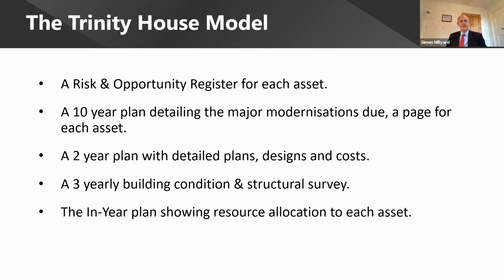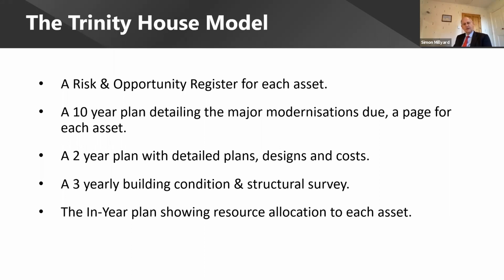And then for each asset, we have a 10-year asset plan, which includes the major modernizations and when they're due. Again, each asset has a page, and I'll come on to an example page in a moment. And then as the years roll on, you get into a 2-year plan, which has detailed plans, designs, and costs for the next modernization.